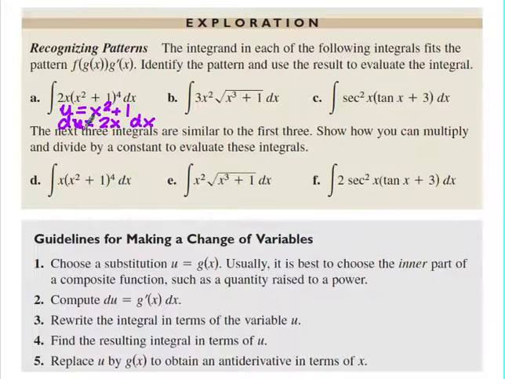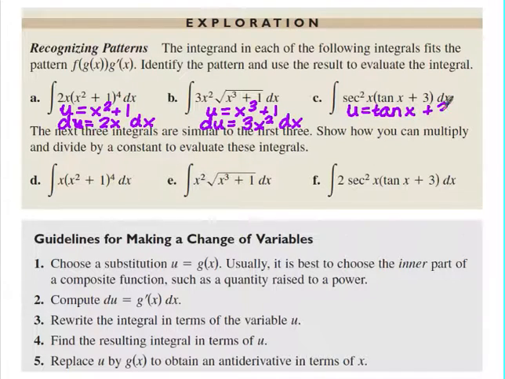On this one, what am I going to let u equal? x cubed plus 1. What's du? 3x squared dx. What is u on the last one? Tangent x plus 3.